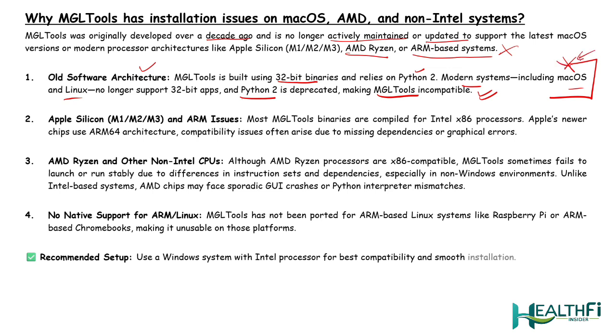If you have such a system, you can just leave it, as it won't work. The same applies to a Mac with Apple Silicon: MGL Tools is compiled for Intel x86 processors, while Apple's newer chips are built on ARM64 architecture, so they are not compatible at all.